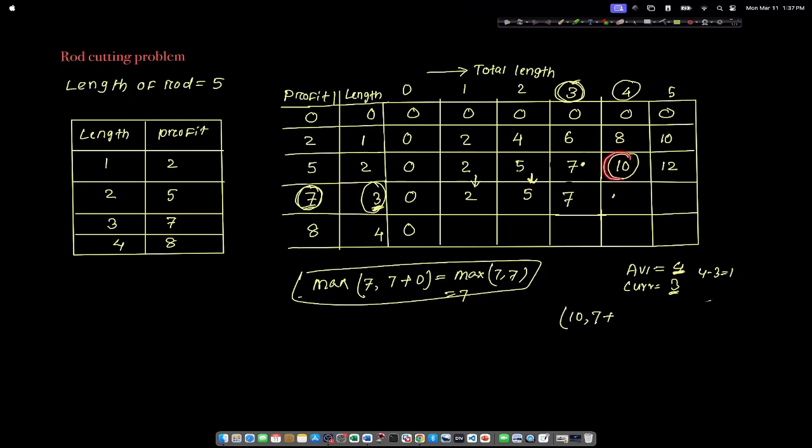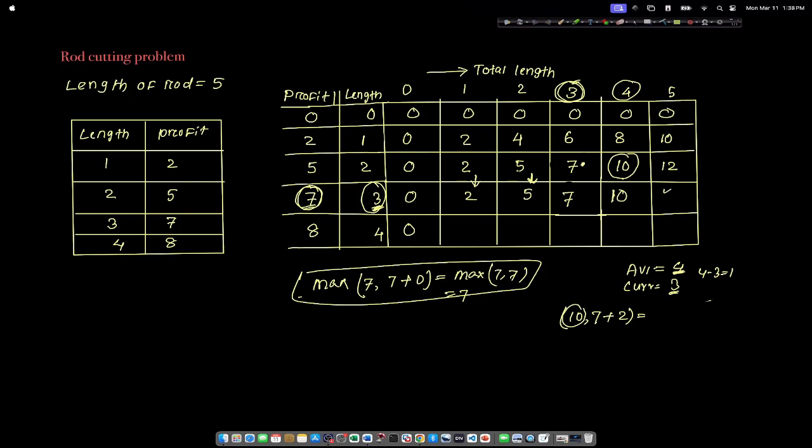Then from the upper row, we'll go to the cell which is indicated by 1. So this is equal to 2. We'll take the maximum of these two values, and maximum is 10. That's why we'll put 10 here.